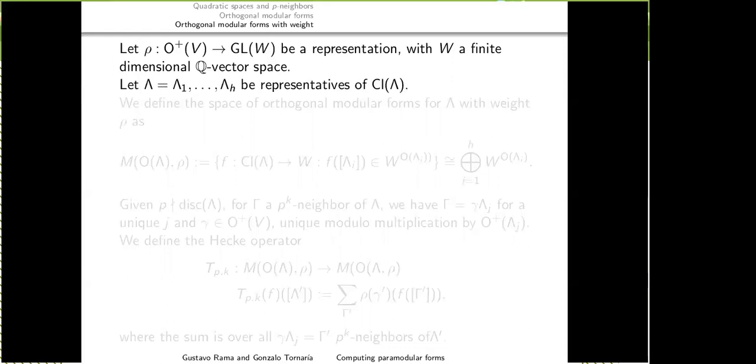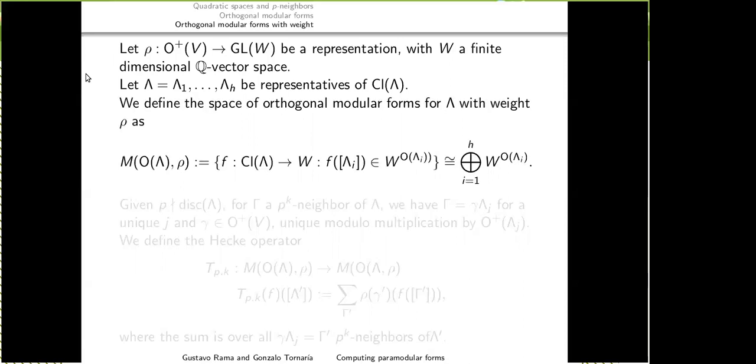Now if we take lambda 1 to lambda h, the representatives of the class set of lambda, we can define the orthogonal modular forms for lambda with weight rho to be similar to the previous definition.